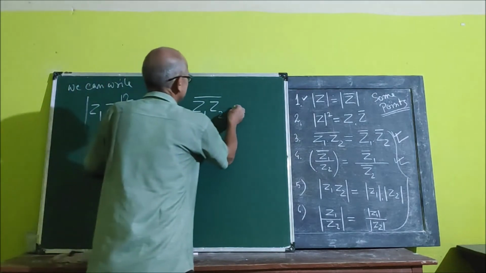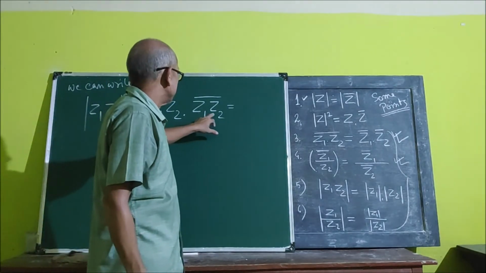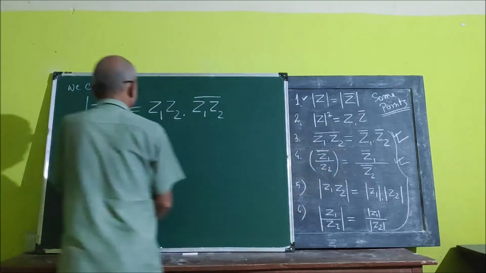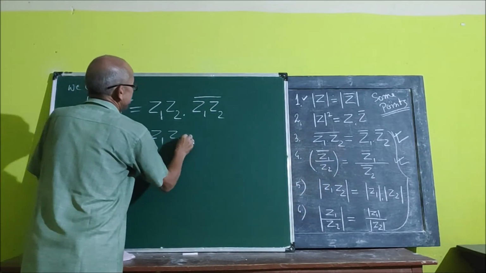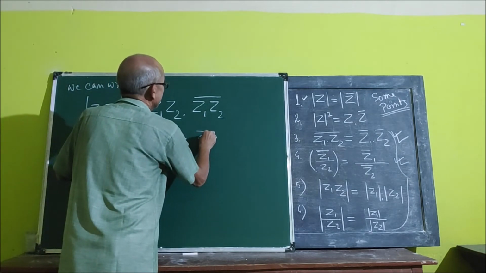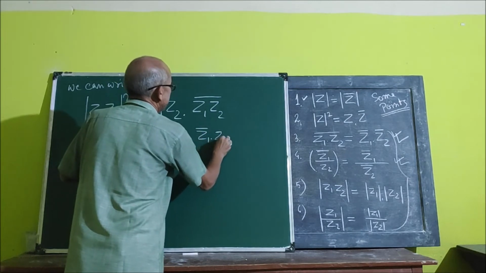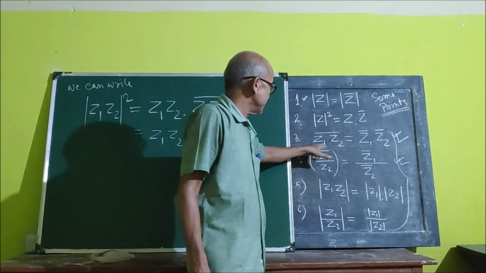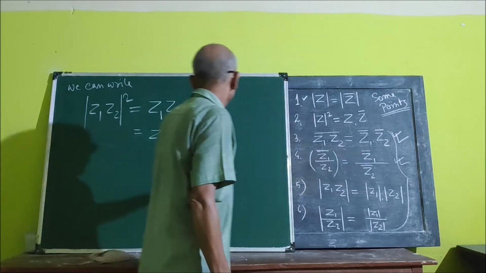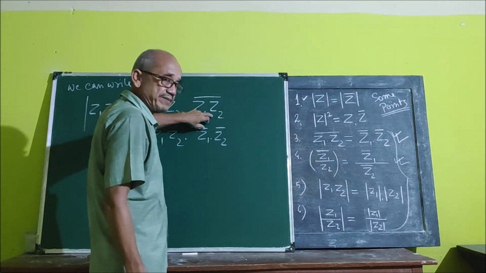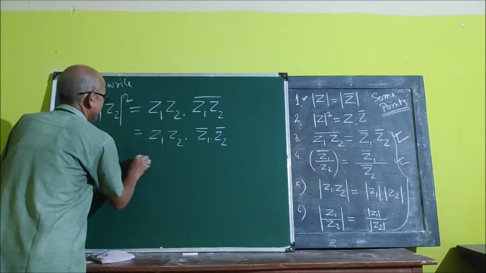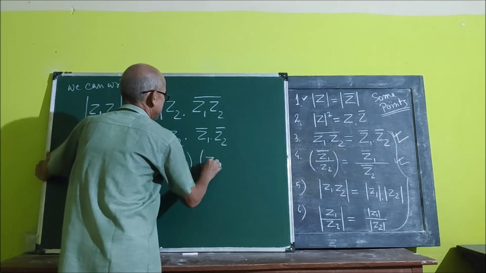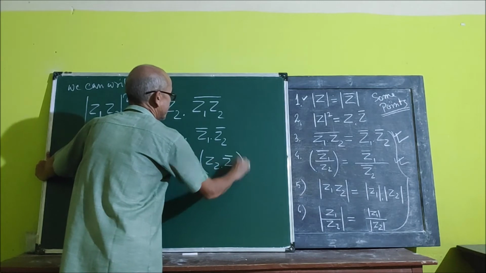Now the conjugate of the product of two complex numbers means the product of their conjugates, so we can write Z1 conjugate and Z2 conjugate.